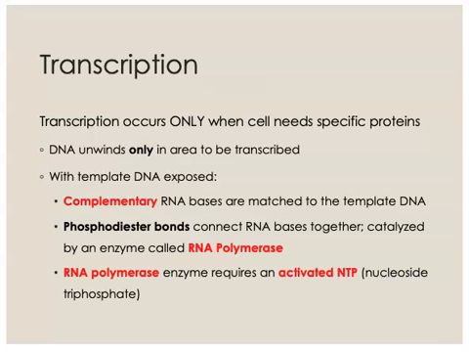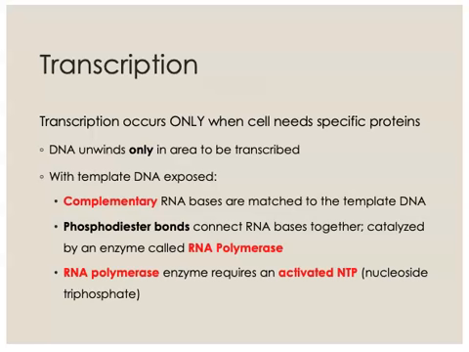So, complementary RNA nucleotides or bases are going to be matched to the template DNA. The enzyme is going to create a phosphodiester bond to connect those individual RNA nucleotides together. And the enzyme that's doing this work is called RNA polymerase.